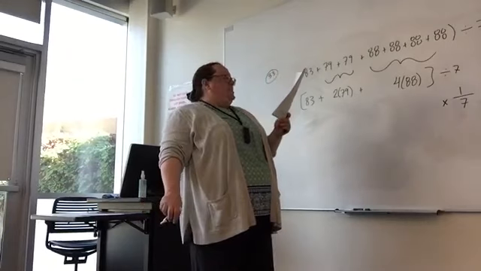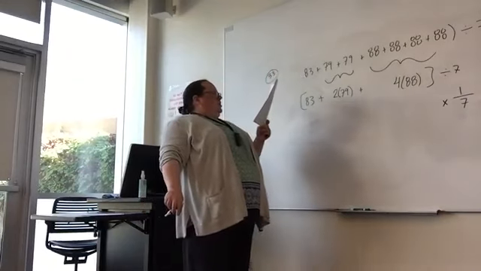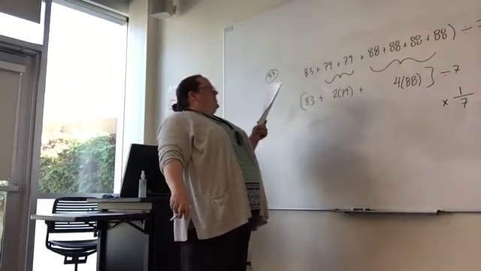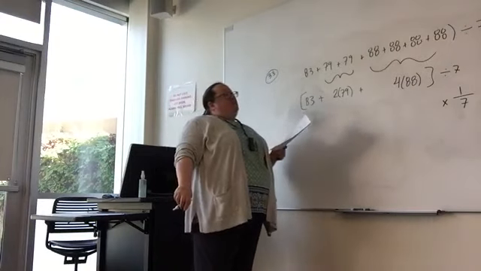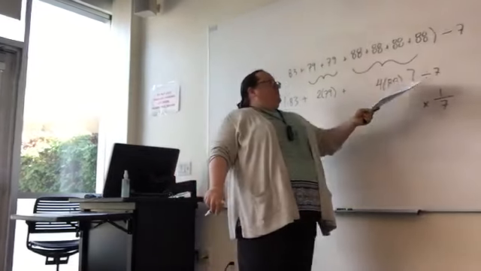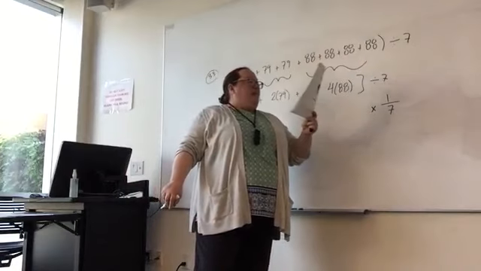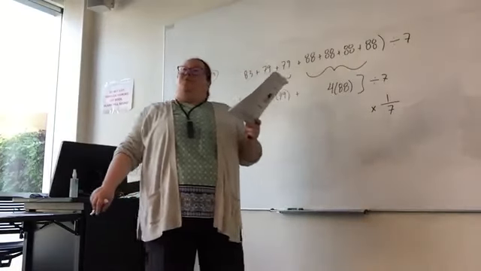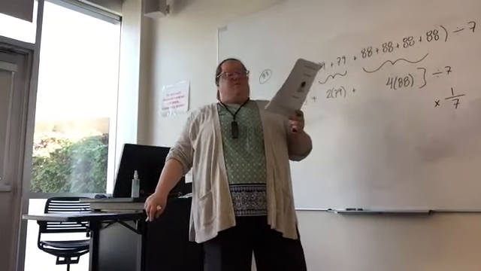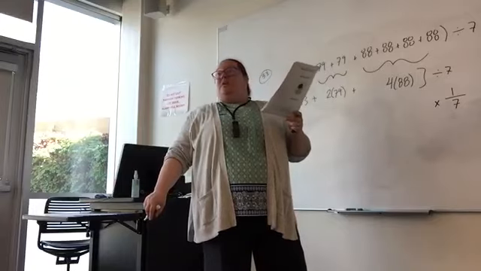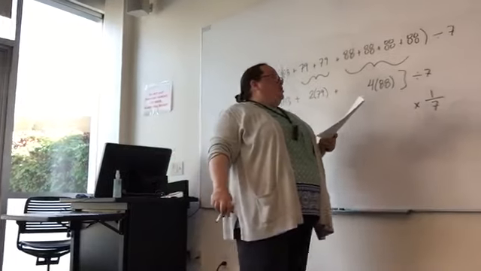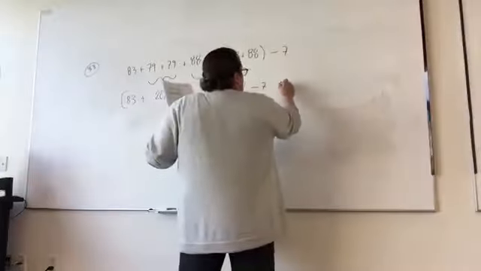And then D doesn't work because dividing by 1/7 is the opposite of dividing by 7. Dividing by 1/7 is the same thing as multiplying by 7. So that's why D doesn't work. But it's tricky. You really want to make sure that you're clear.